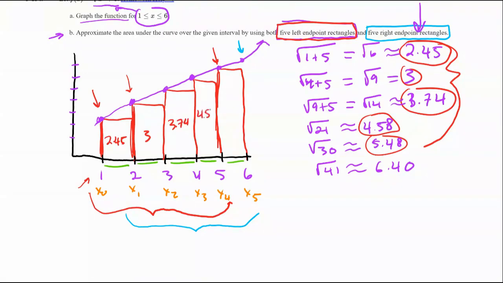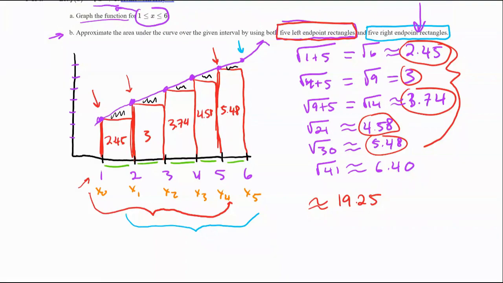But all I have to do is find the area of each of those and then add them together, which, again, with my rounded values, I'm going to get 19.25. Another thing to note is that this is an underestimate of my actual area, because if you look at this, there's all this extra space left over that we're not including with the area under the curve. So that's an underestimate.